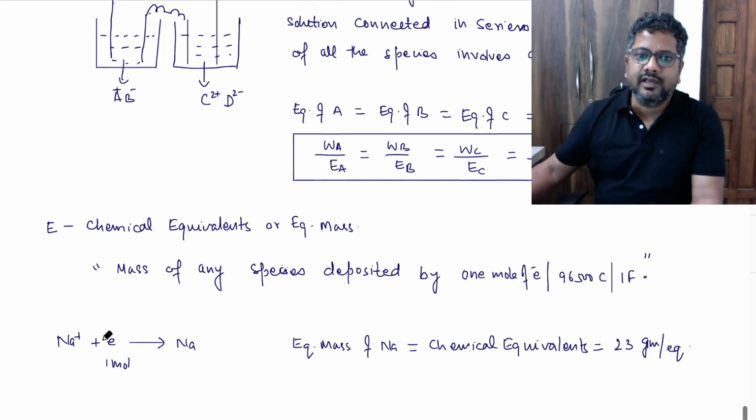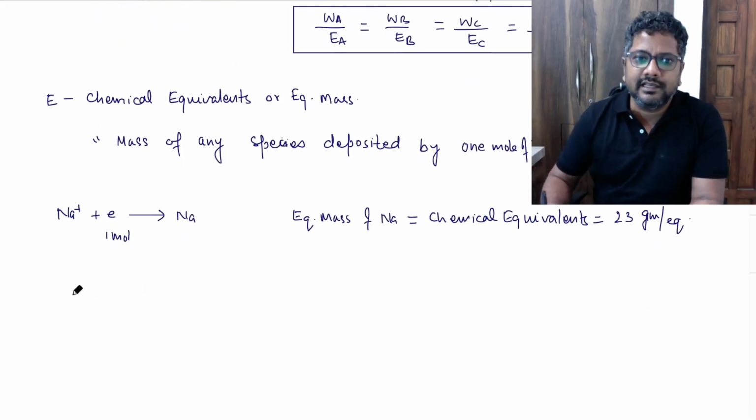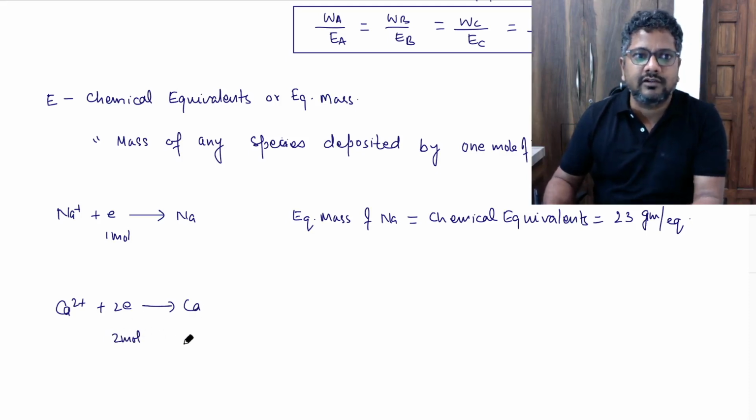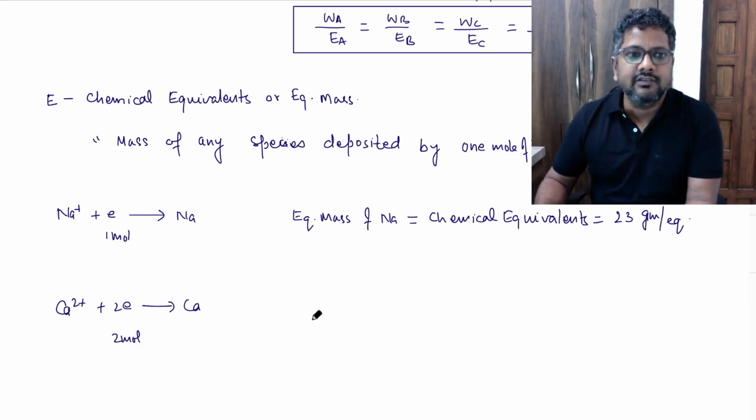Suppose you take a divalent ion like calcium 2 plus, which will give you calcium. So 2 moles of electrons deposit 1 mole of calcium. So 1 mole of electrons deposits half a mole, and that is the equivalent mass of calcium.